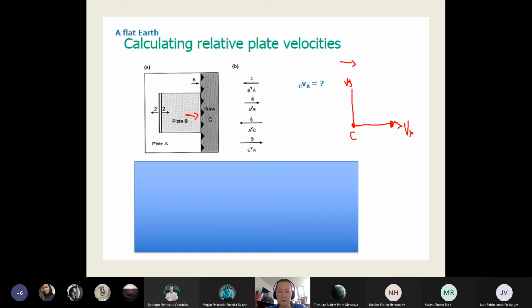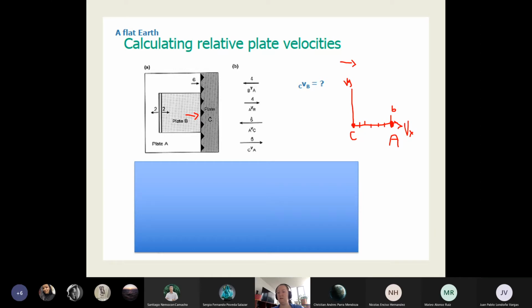So if I put A here, what does this mean? This means that if this is 6, it doesn't matter the unit, say 6 centimeters per year, I am placing A to the right of C on my velocity diagram, which tells me that A is going this way with respect to C at a velocity of 6. So these are velocities, okay?